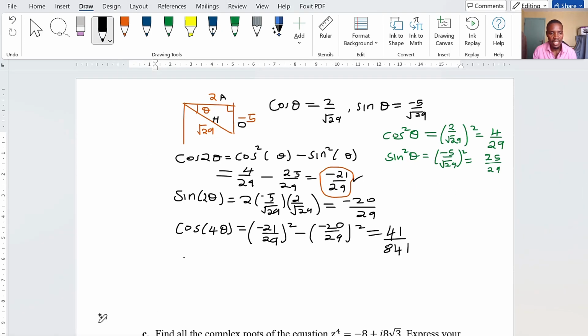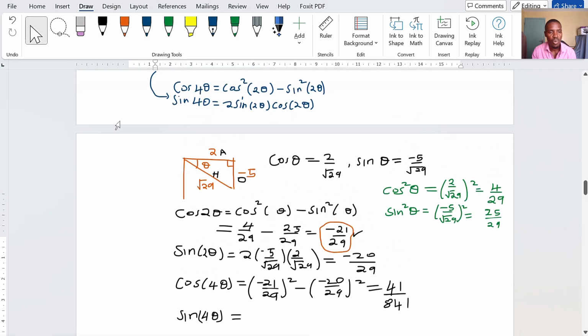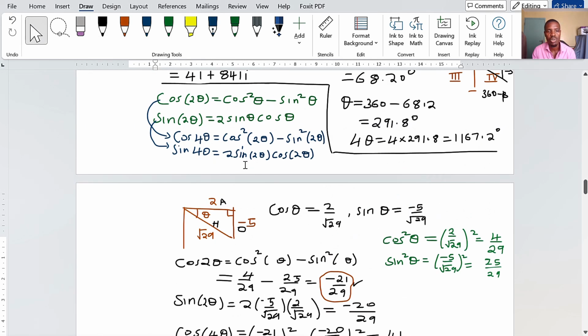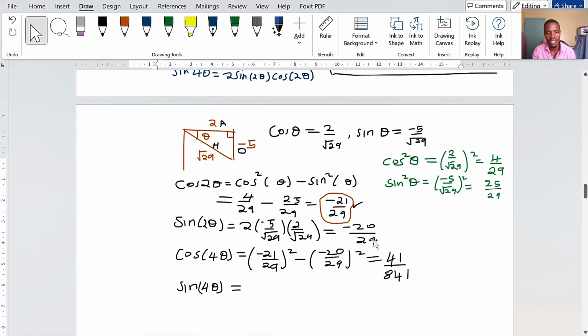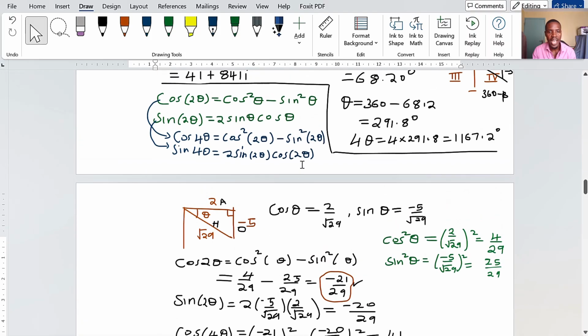The next part we have is sine 4 theta. We already have sine 2 theta, so sine 4 theta is twice that: 2 times sine 2 theta times cos 2 theta.